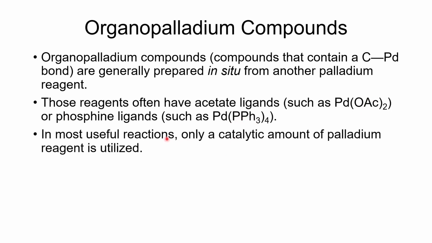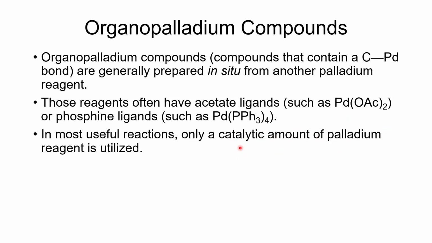In most of our reactions, we're not going to need a full stoichiometric quantity of palladium. We're only going to need a catalytic amount. And that's a good thing because palladium is not a cheap reagent. So we use a catalytic amount, and sometimes we find ways to recycle that catalytic amount of palladium.